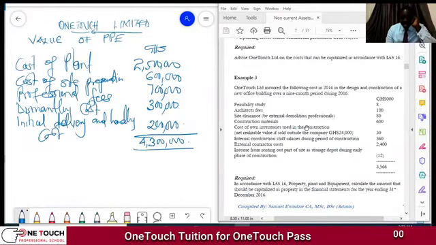We have site clearance by external demolition professionals. We have construction materials. We have cost of own inventories used in the construction, and we have been given the net realizable value if sold outside the company to be 24,000, and we have the value to the construction, which is 30,000.